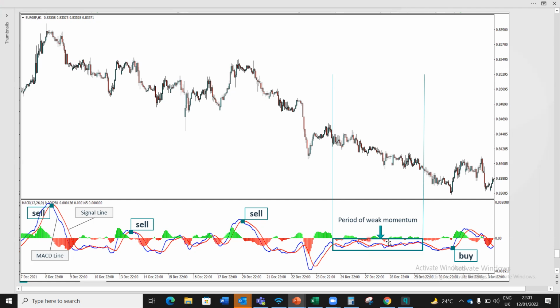So in this case here, we have weak momentum. Look how the MACD line and the signal line are close to each other, and you see it displayed here. There is an activity, but you see small body candles. Remember, we said a small body candle simply shows small activities in the market, low volume in the market. So this is how we can use the MACD.